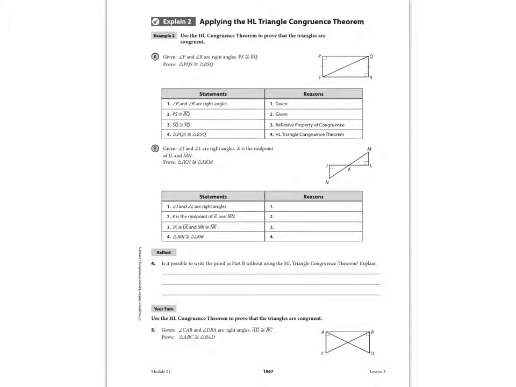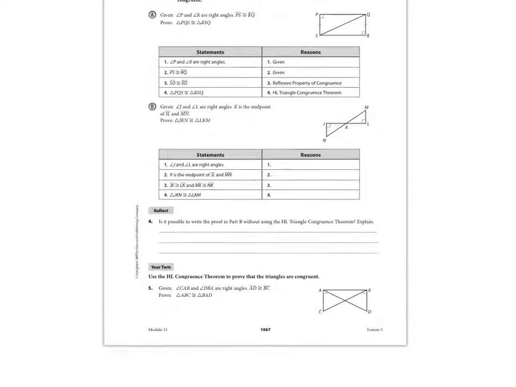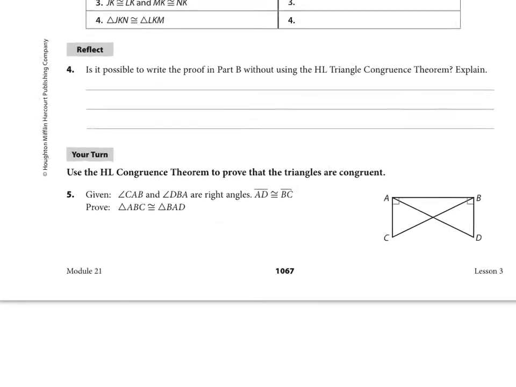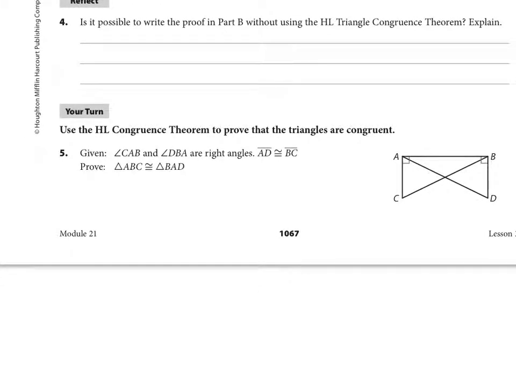Here on page 1067, let's do the proof at the very bottom. We're going to use the HL congruence theorem to prove that the triangles are congruent. We are given some information I'll go over, but we're going to prove that triangle ABC is congruent to triangle BAD. Here's ABC, and here's BAD.